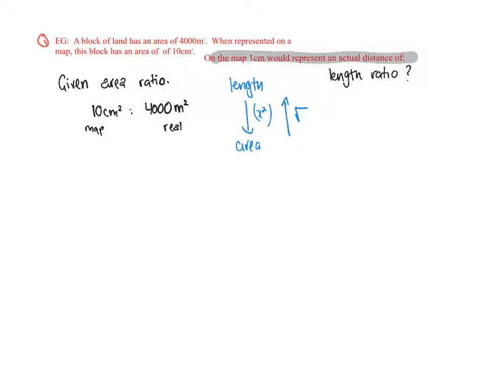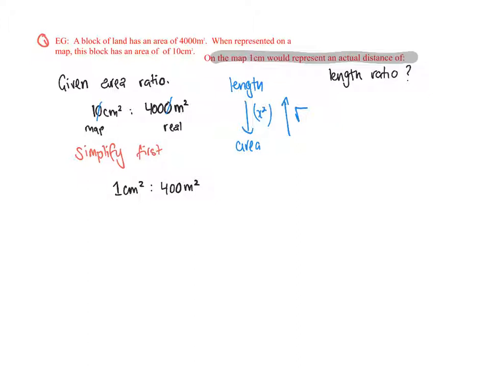But remember, we should always simplify first. So I'm going to simplify that ratio. I'm going to say 1 centimeter squared, because I've divided it by 10, is going to equal 400 meters squared. Are you happy for me to say that? Yes. I'm just simplifying 10 and 4.